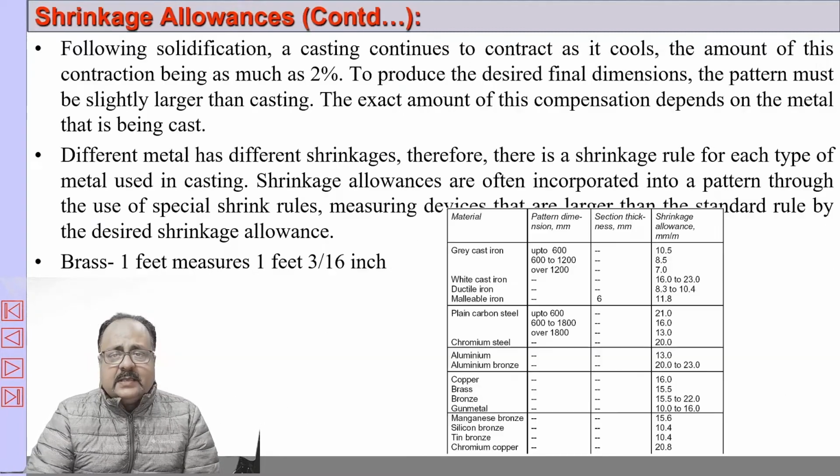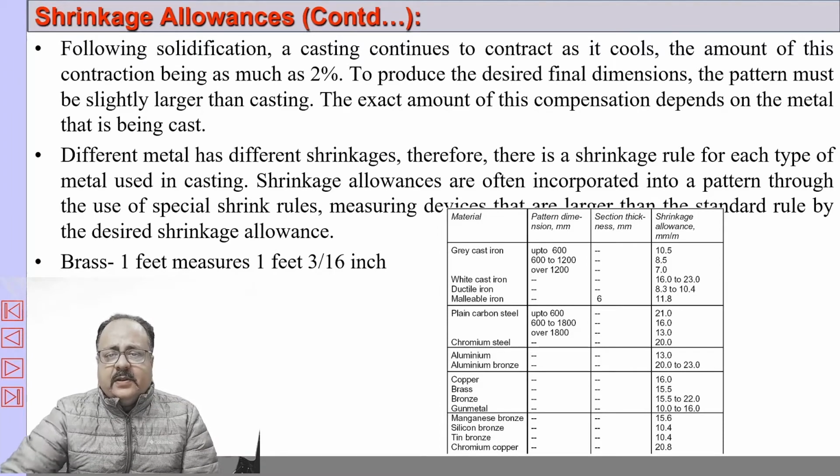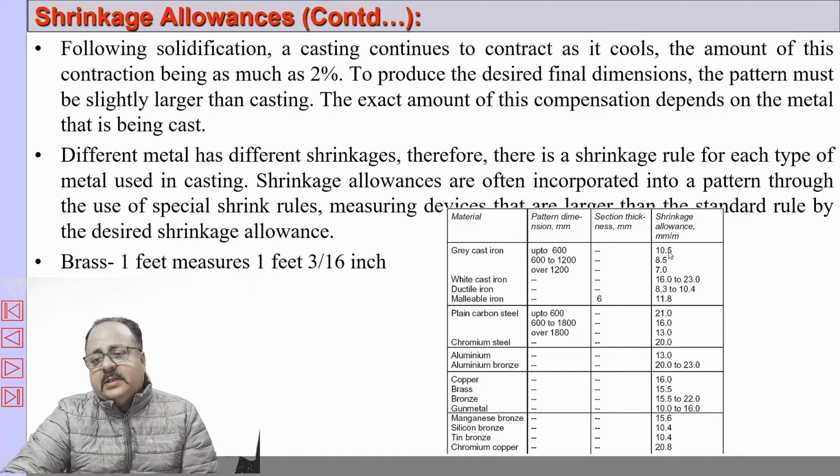So in my next slide, I'll show you this table I have taken from the P N Rao book. You can see for different materials like gray cast iron up to 600 mm, this much shrinkage allowance is to be added. This is 10.5 mm per meter. So if the dimension is 600 mm or let's say 500 mm, so 500 plus 0.0105 into 500.